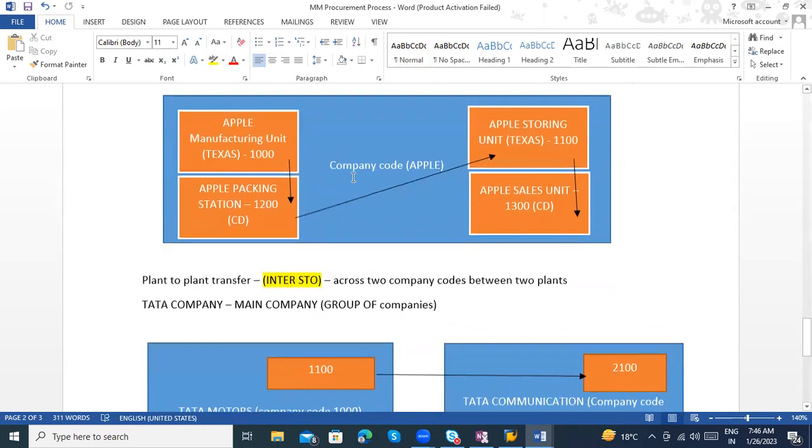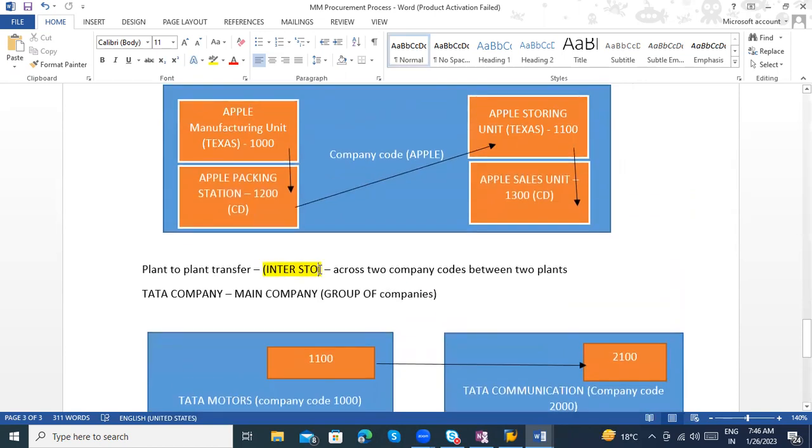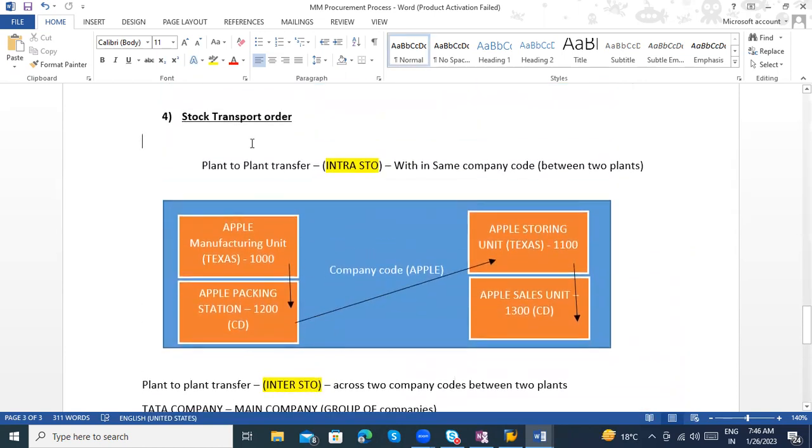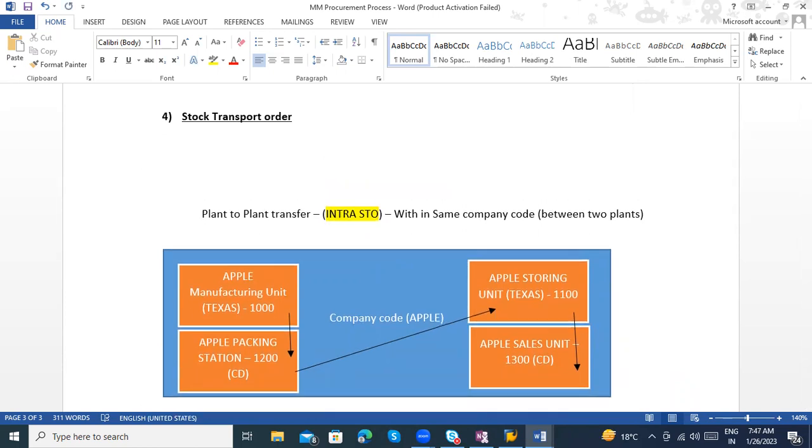And these two processes are very important. These two processes are SD and MM integration processes. As I said above, wherever it covers selling or dispatching shipments, SD is required.